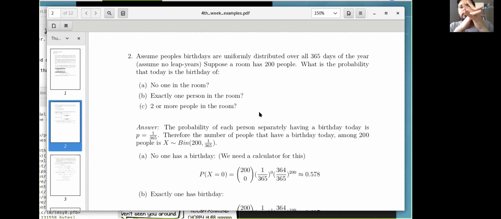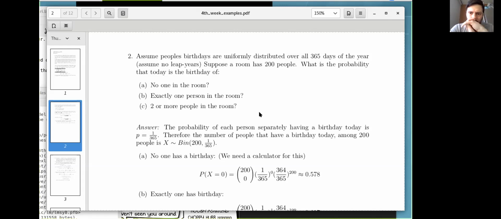So whereas it's pretty probable that no one has a birthday today, surprisingly, think about it, 200 people and 365 days. The expected number of people having a birthday today is 200 over 365.